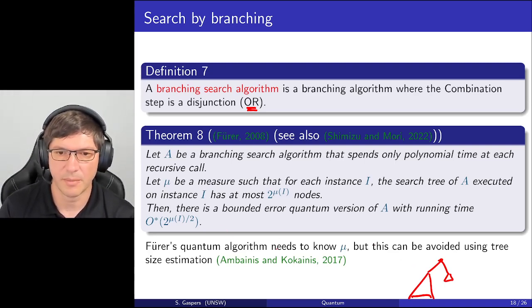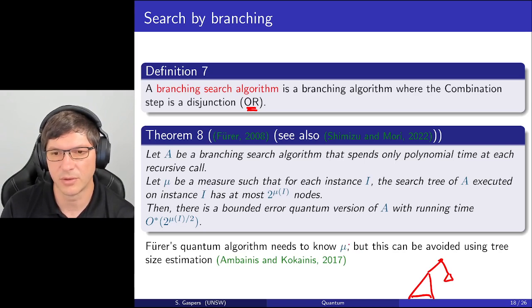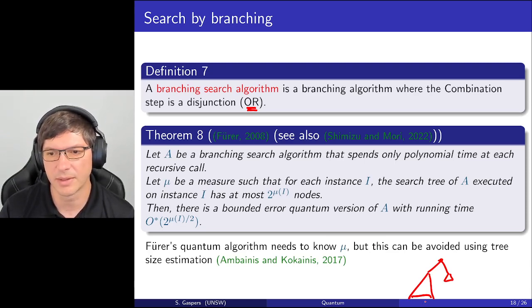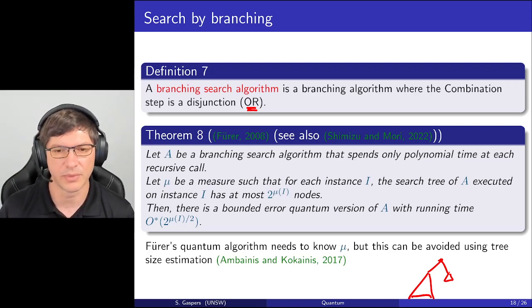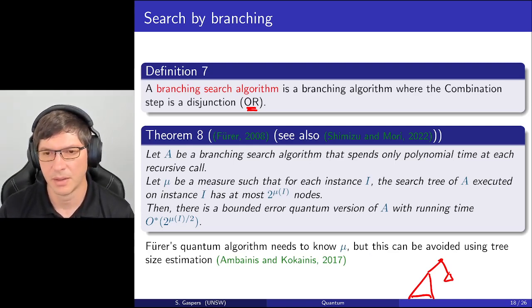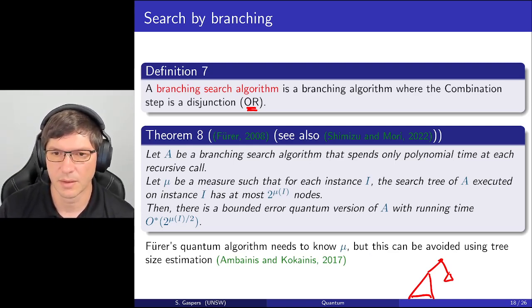But actually, this knowledge of mu can be avoided. There are variants of this algorithm that don't need to know mu, but can instead use tree size estimation. They would estimate the size of this tree on the fly by doing a little bit more computation in polynomial time.